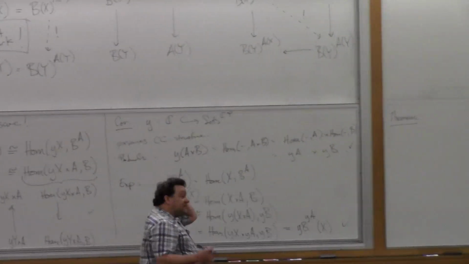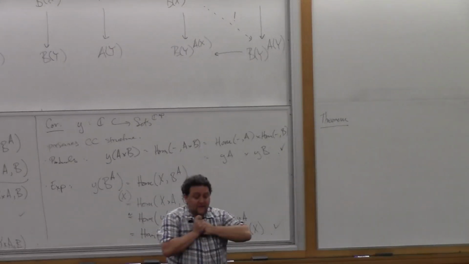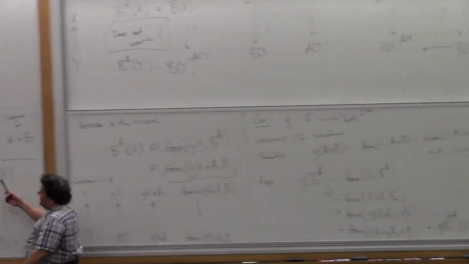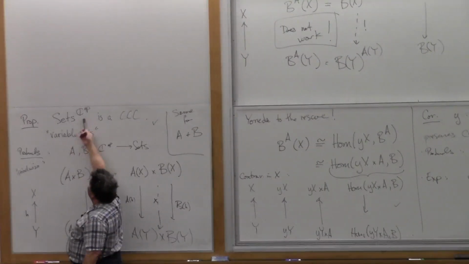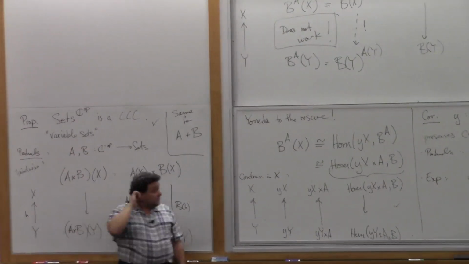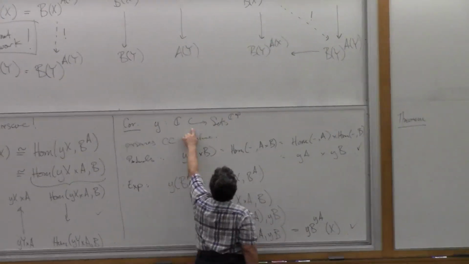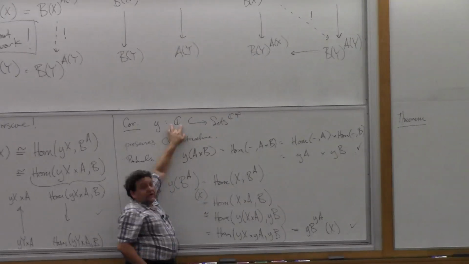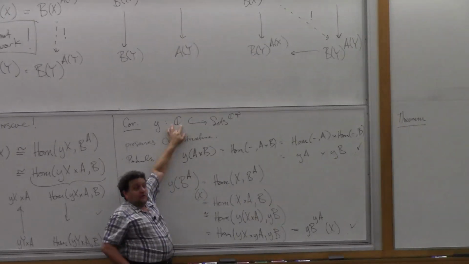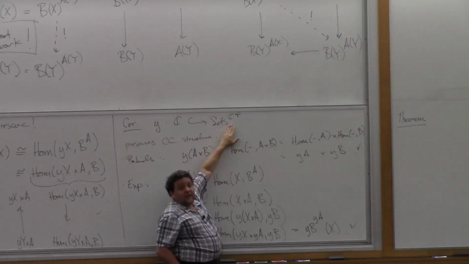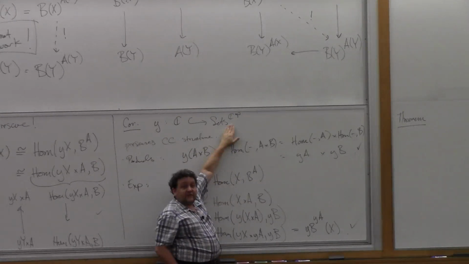Well, now we know that every Cartesian closed category embeds into one of this very special form, a Cartesian closed category of variable sets. Right? So this corollary says, in particular, given any Cartesian closed category, we can embed it as a Cartesian closed category into one of these special ones consisting just of variable sets.